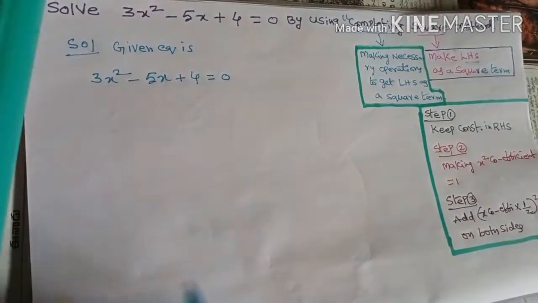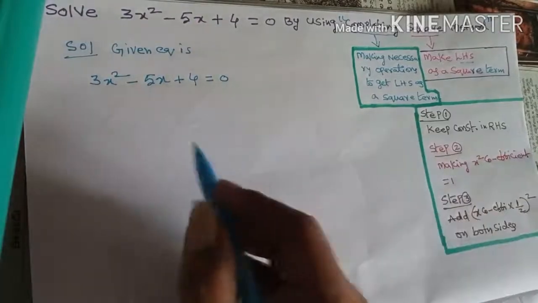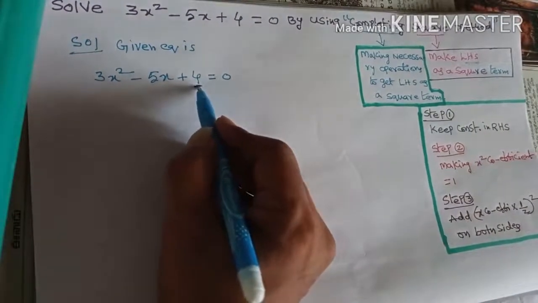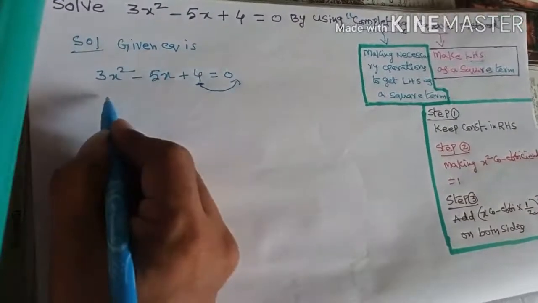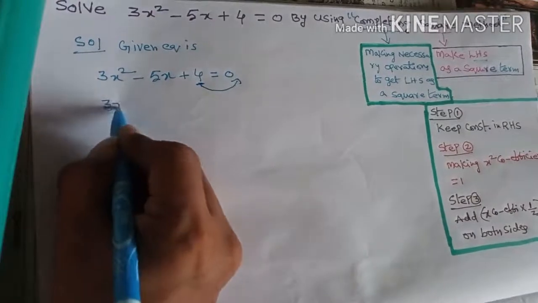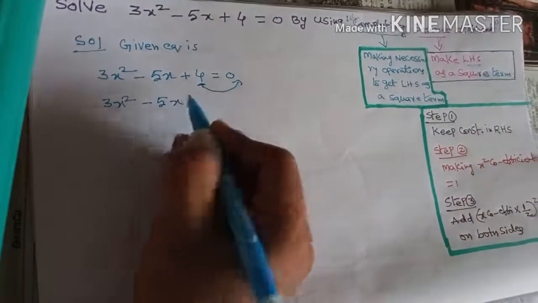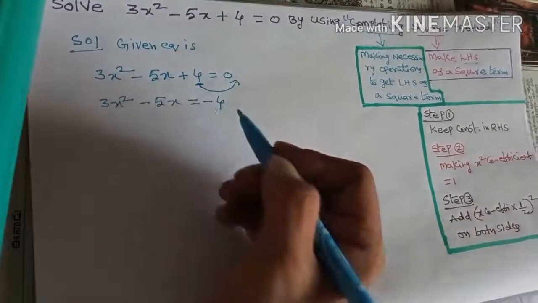Then you have to follow the first step: keep constant in RHS. Here what is the constant? 4. It is in LHS, therefore it is to be transposed to RHS. Then the step will be like this: 3x square minus 5x is equal to minus 4.